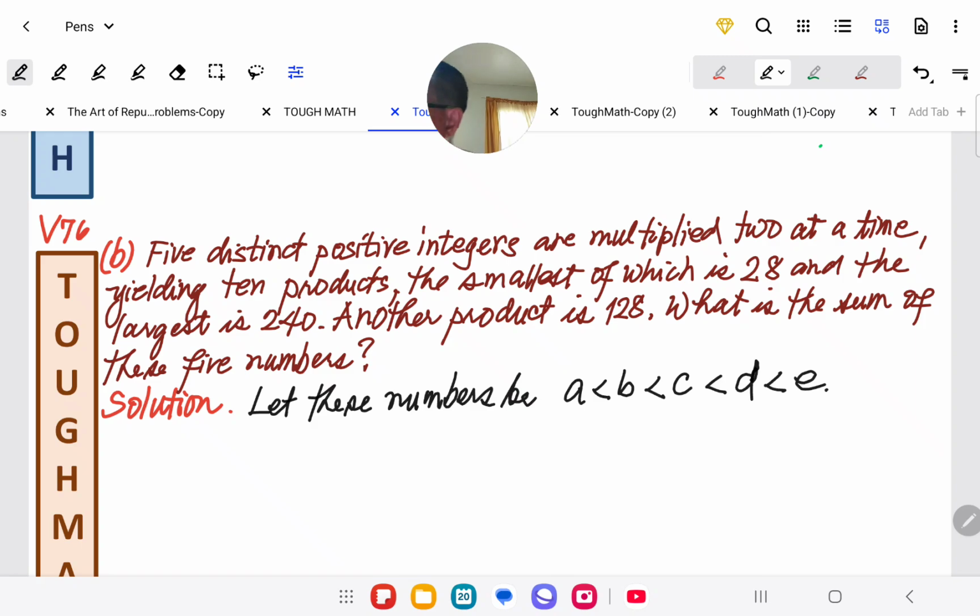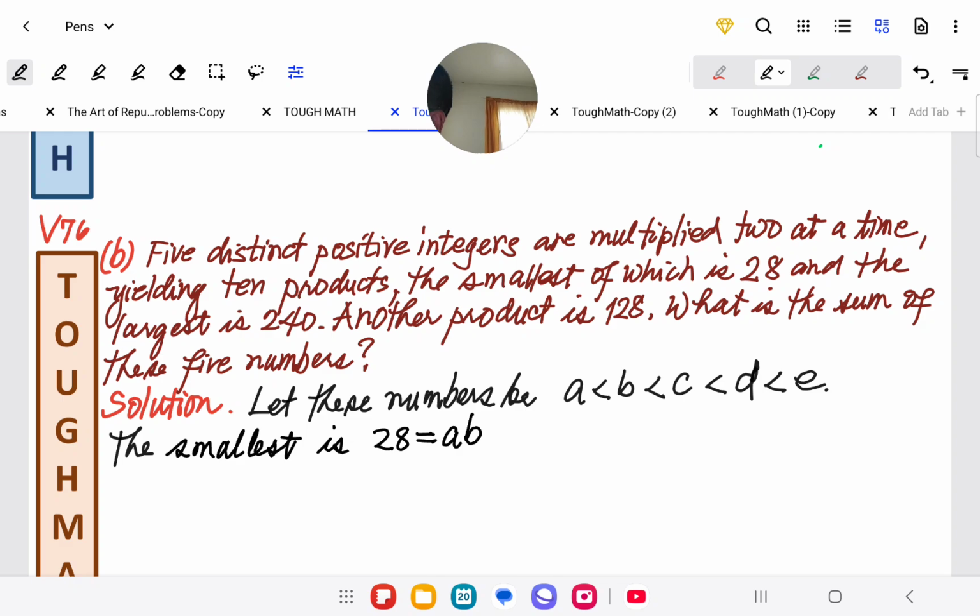Okay. Now the smallest is 28. And this must be the product of A and B, because they are the two smallest numbers in the group.